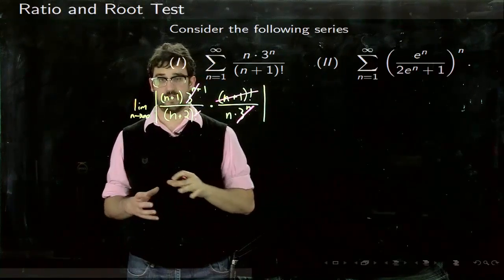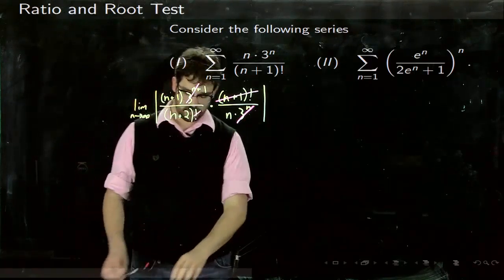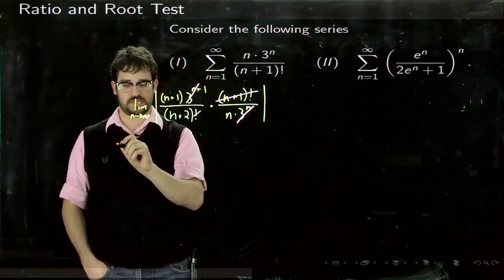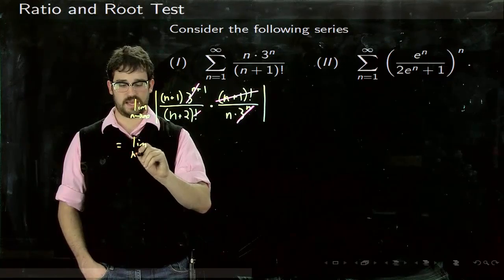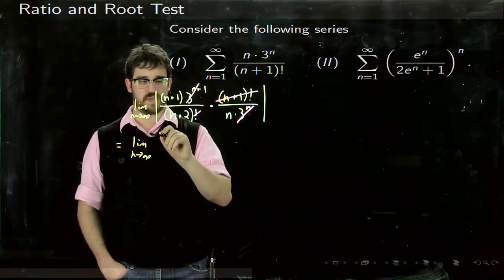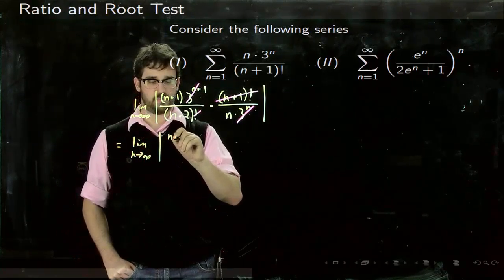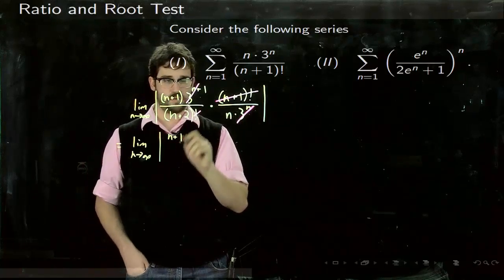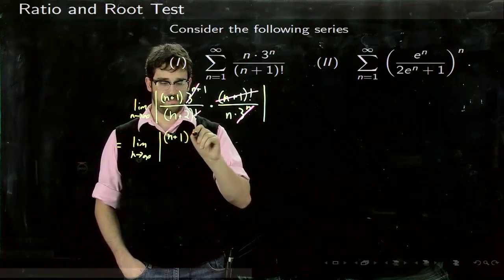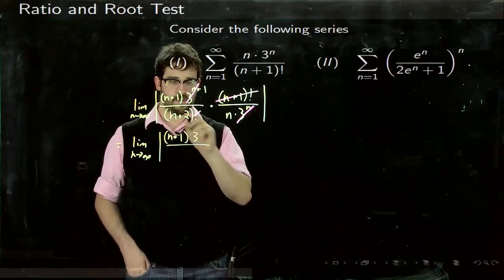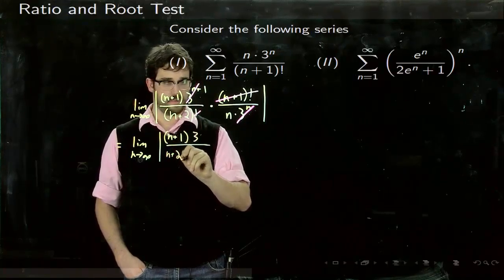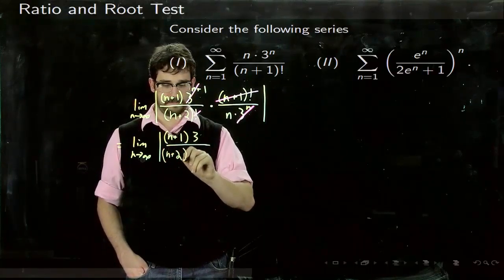So you have the n plus 2 as the only factor remaining. So we have this equal to the limit as n goes to infinity of the absolute value of (n plus 1) times 3 over (n plus 2) times n.